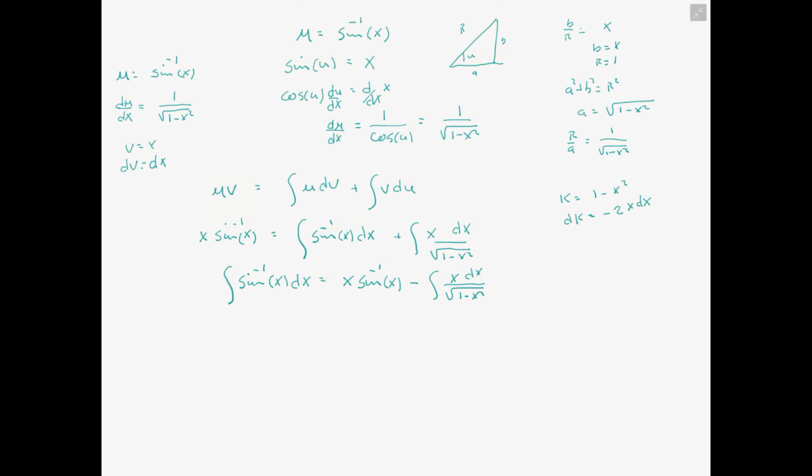But k is 1 minus x squared, and dk is minus 2x dx, so let's say minus x dx equals dk over 2.